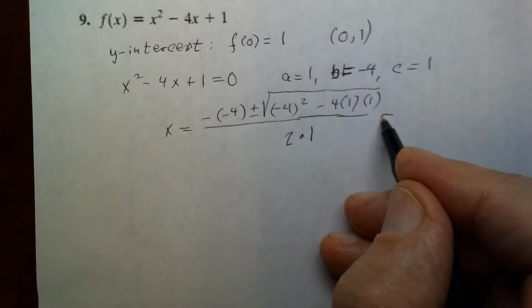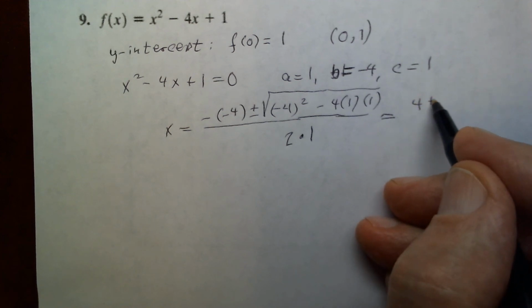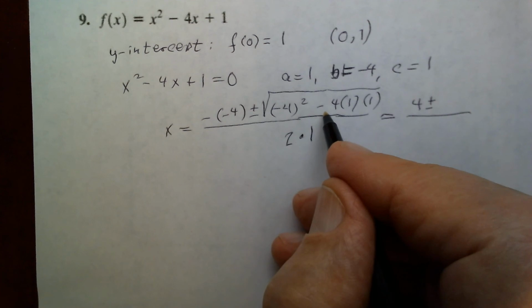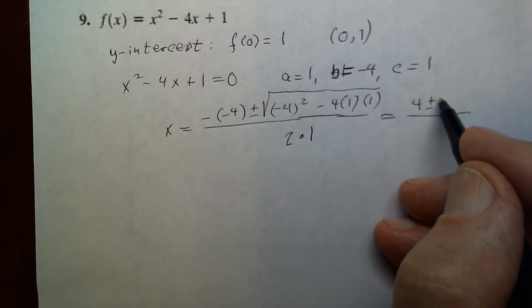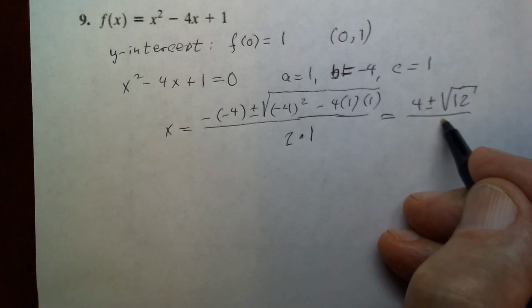So this is equal then to minus negative 4 is 4, plus or minus the square root of 16 minus 4, or the square root of 12, divided by 2.